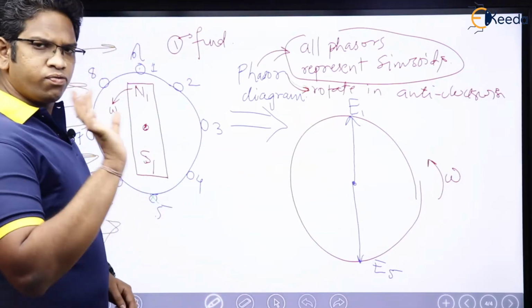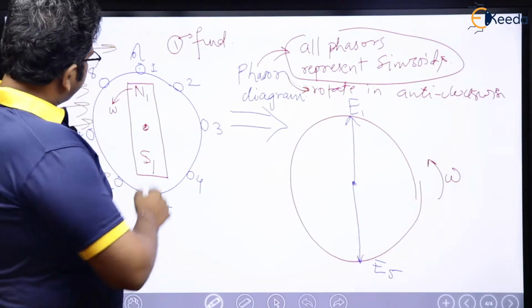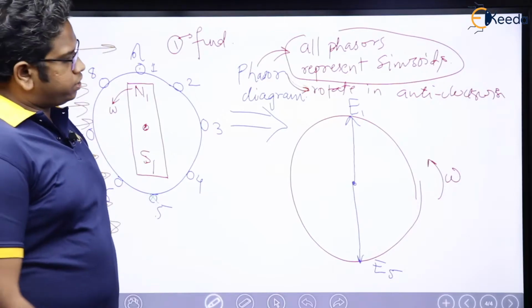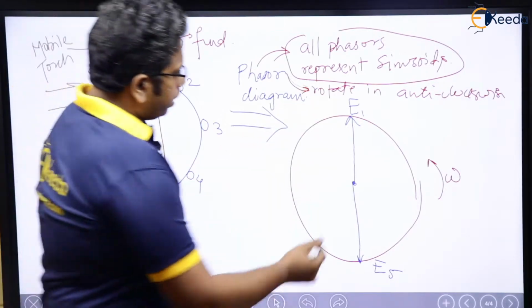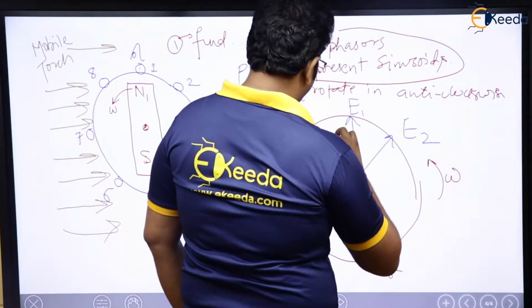Now see here, focus, very easy. Please tell me, what about E2 and E8? You will say, sir, if E1 and E5 are this way, let us take E2 here and E8 here.